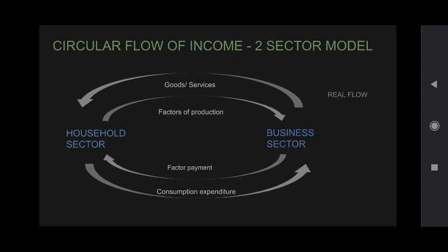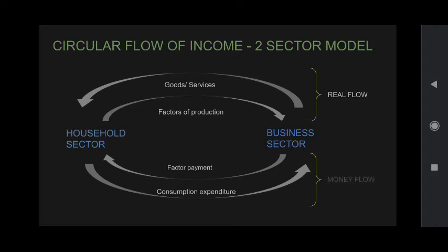Okay. Now the other two aspects of the entire circular flow of income are the real flow and the money flow. The real flow talks about the physical flow of factors of production from household to business, and the physical flow of goods and services from business to household, as the arrow shows.